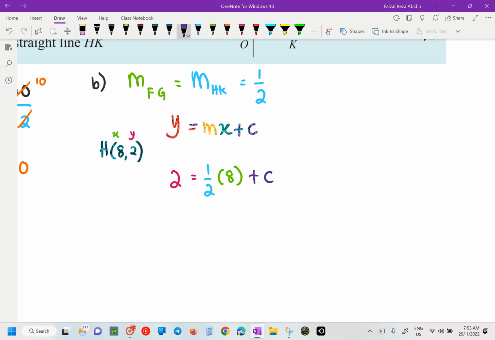Okay? So if you look over here, 2 and 8, I can simplify. Got 4 there. So 4 times 1 is going to be 4. Bring to the left side. So our c here is going to be 2 minus 4. So our y-intercept will be negative 2. That's how you find your y-intercept.